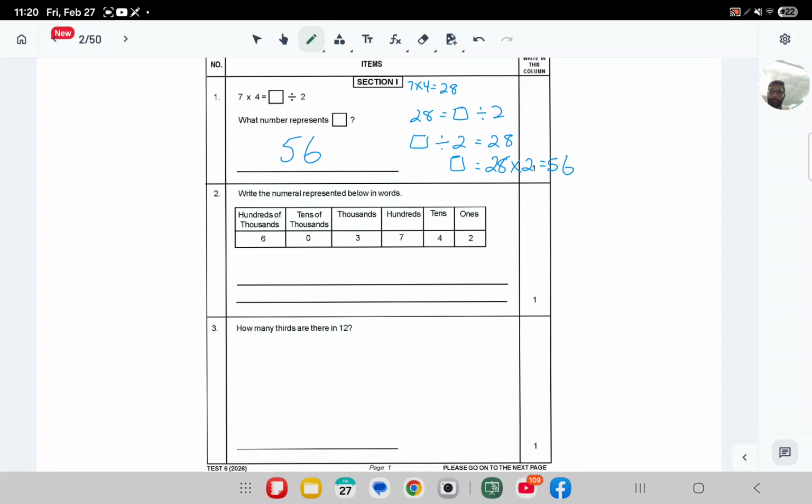Number 2, write the numeral represented below in words. So we have 6 hundreds of thousands, 0 tens of thousands, 3 thousands, 7 hundreds, 4 tens, and 2 ones. So the numeral in words would be 600 and 3,000.